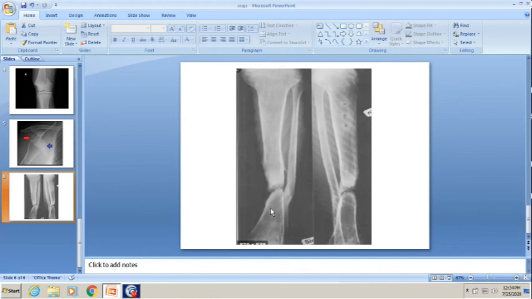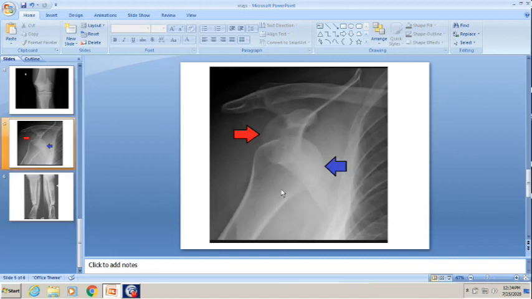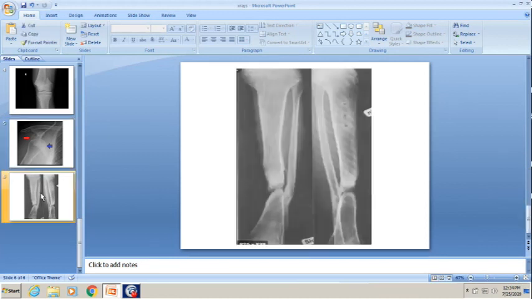Yes, these ends are not sharp. When you get acute cases you clearly get sharp edges, but here you get rounded edges, and you can clearly see the medullary cavity is obliterated here.